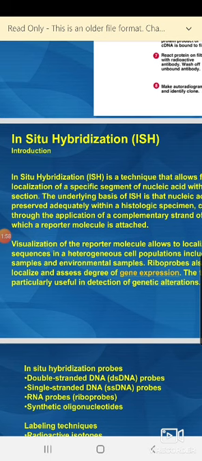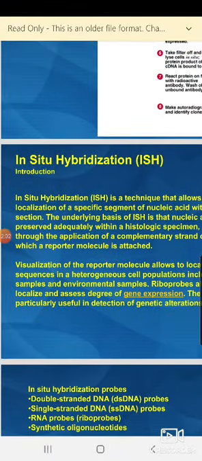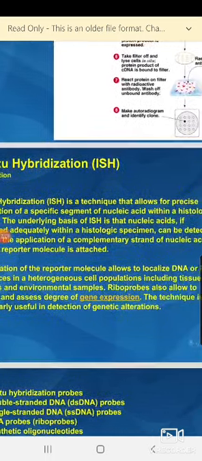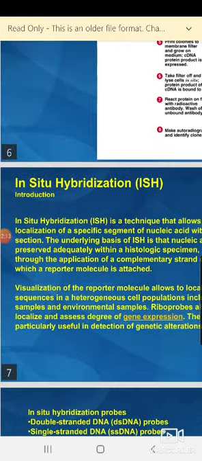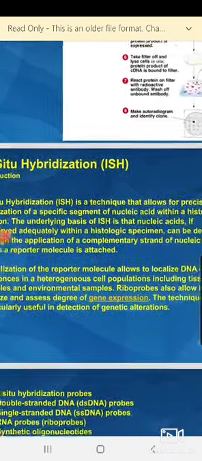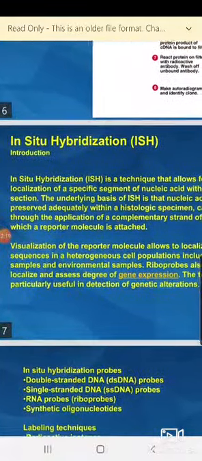The underlying basis of in situ hybridization is that nucleic acids, if preserved adequately within a histological specimen, it can be a biopsy sample also, can be detected through the application of a complementary strand of nucleic acid to which a reporter molecule is attached.